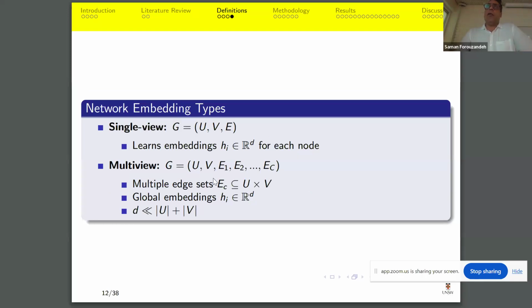Network embedding is based on multiple views, where each view depends on the number of criteria, and for each view you generate a separate embedding.